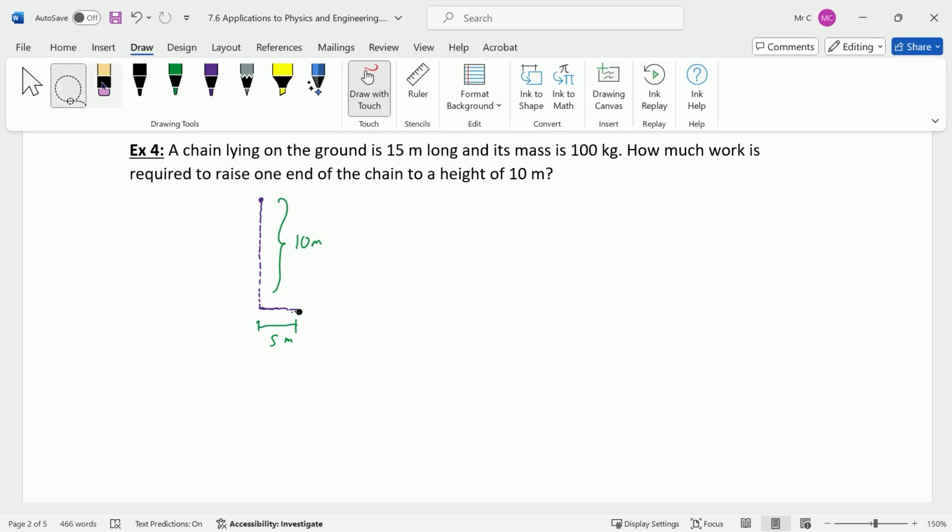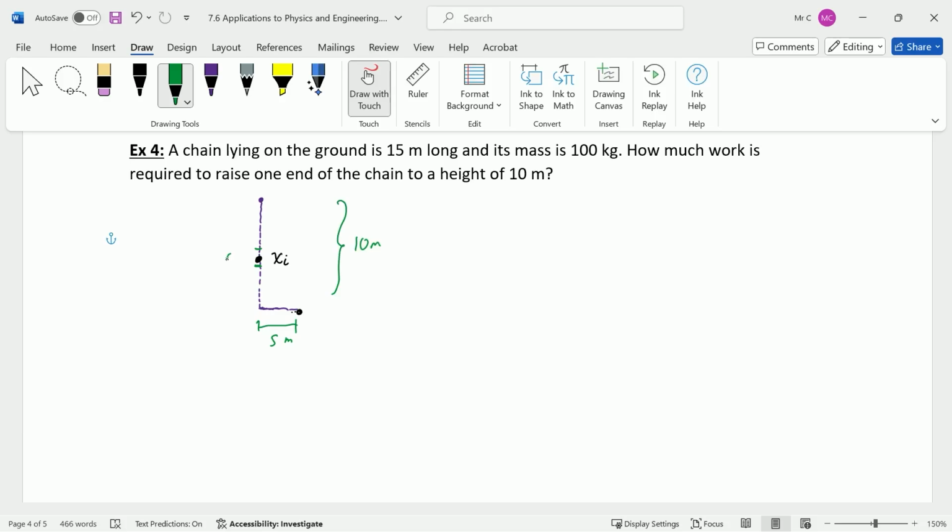So what we're going to do is take a look at this picture, and we're going to plot a point on this chain and think about what happens to this point. So we'll call it x sub I. And we're going to imagine taking a very tiny interval on either side of that point on the chain.